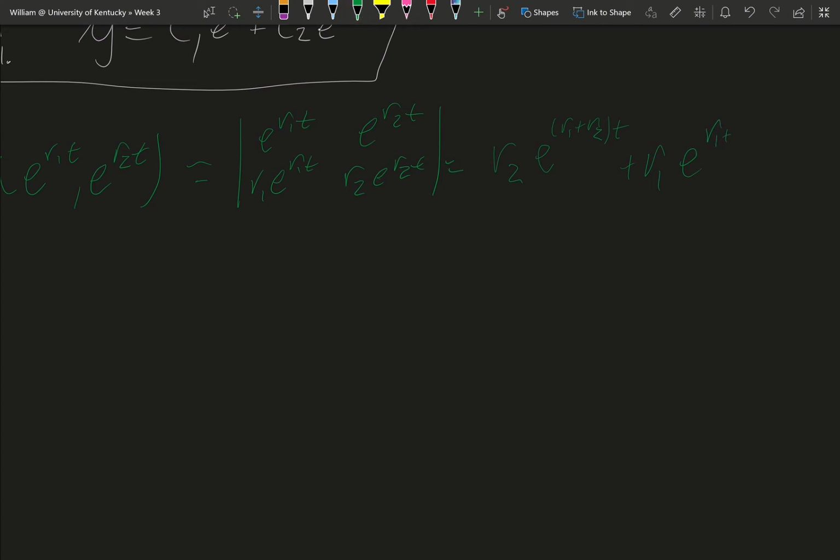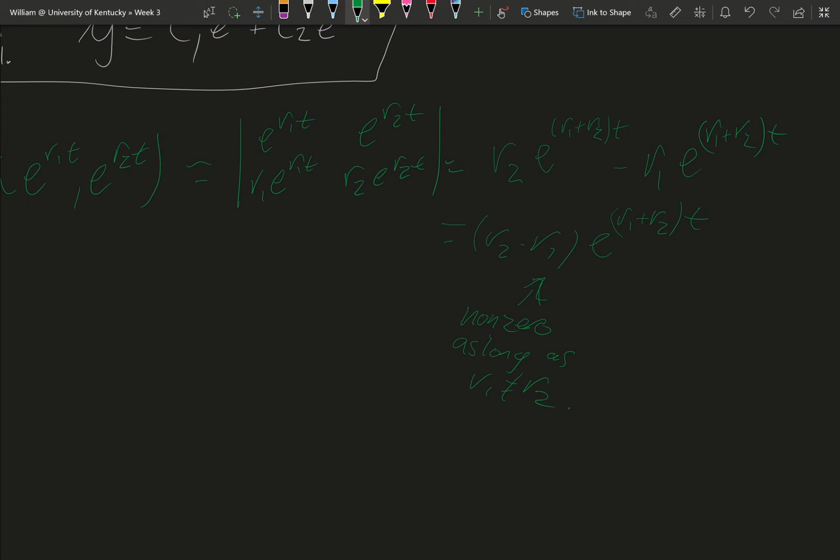So we get something like this, and the only thing I want to point out is this is going to be non-zero as long as R1 and R2 are different.